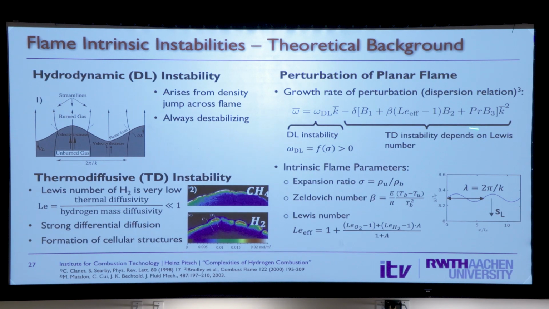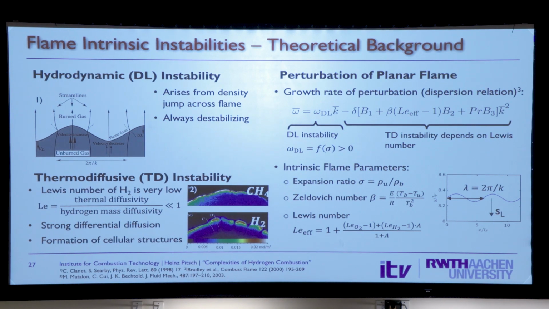And you see two regimes here, you see two terms here. The first one is independent of Lewis number. You see this is always positive, okay? So that's the hydrodynamic instability. It's also called the Darrieus-Landau instability, which is why we often call it DL instability. And you see the growth rate is just linear with the wave number.